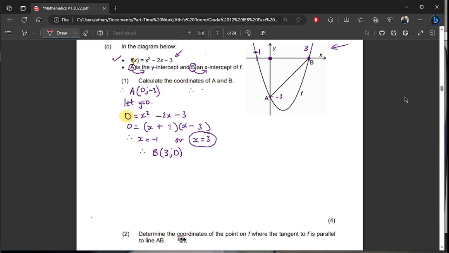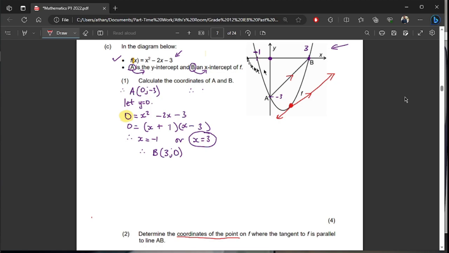The point is on f, where the tangent to f is parallel to line AB. That's line AB, meaning we are looking for a point somewhere there, where the tangent is parallel to line AB. So we're looking for the coordinates at that point.